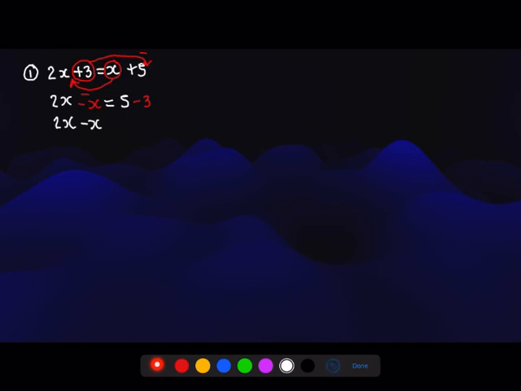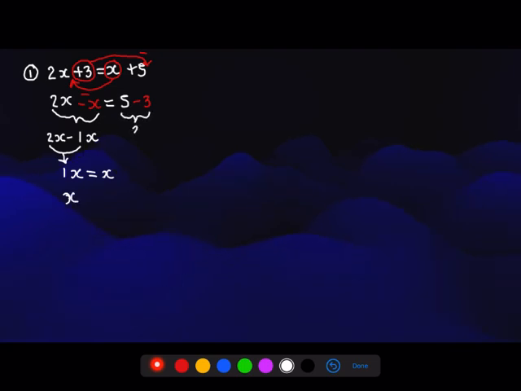Now we will be doing 2x minus x. I'm going to show an easier way to do 2x minus x. 2x minus x is equivalent to saying 2x minus 1x. 1x is x itself because there's only one x in an x, if you get what I'm saying.